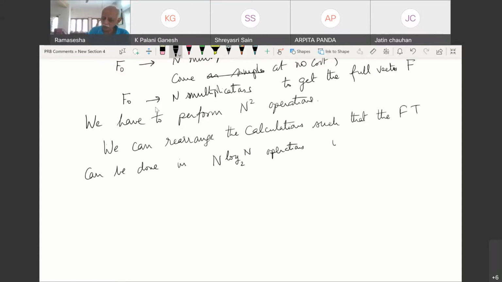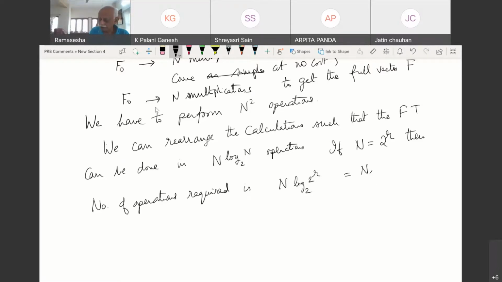So if n is equal to 2 to the power r, then the number of operations is n log 2 to the power r, which is n r, since log to the base 2 of n is r.